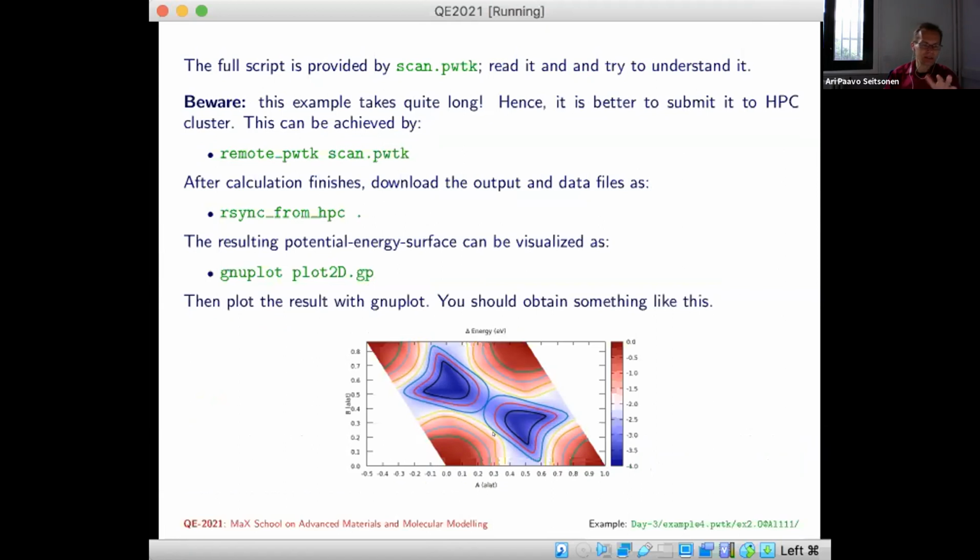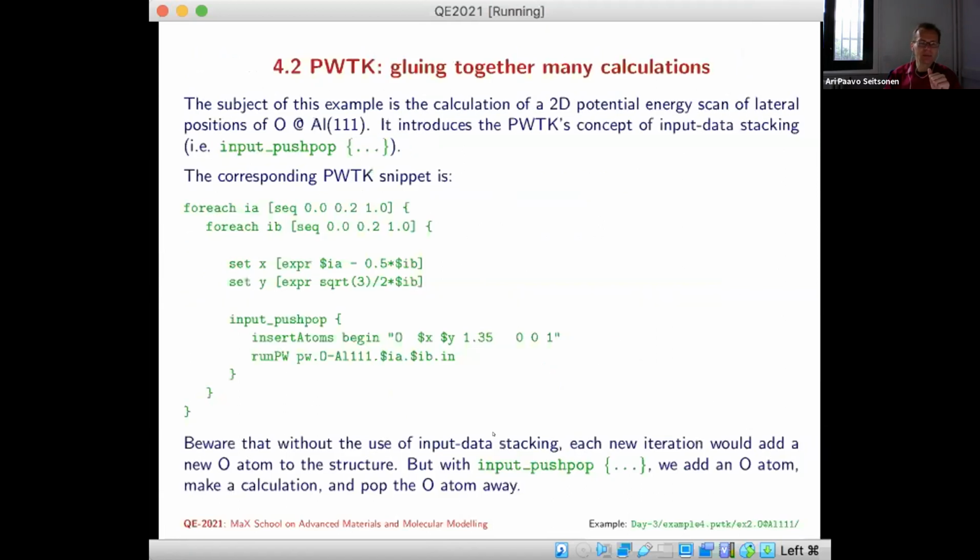But we want to have the height of the oxygen relaxed during this calculation. How we can achieve this is that we fix the coordinates laterally, and these are not the input for PWTK, this is the pw.x input, but it's the same thing.